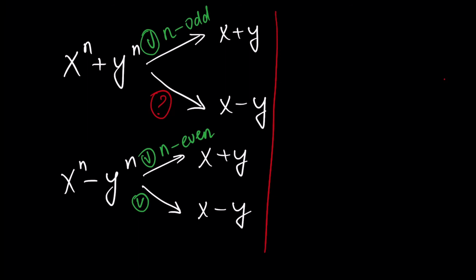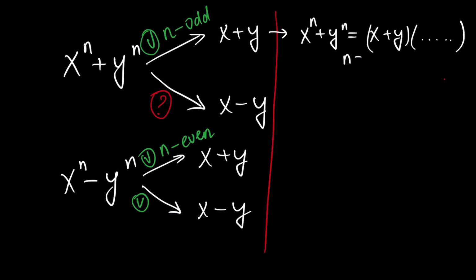That's why for the first case we have a representation, because of divisibility: x to the power n plus y to the power n is equal to x plus y times some polynomial. And n here must be odd, or it can be represented as 2 times some integer number plus 1.